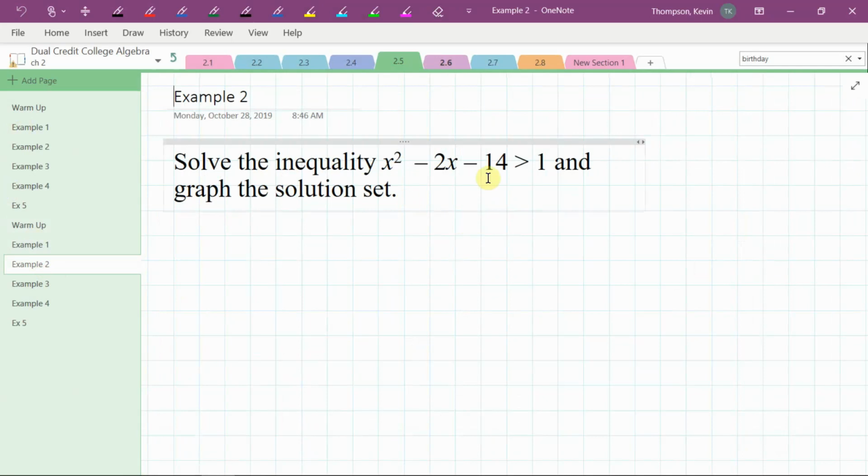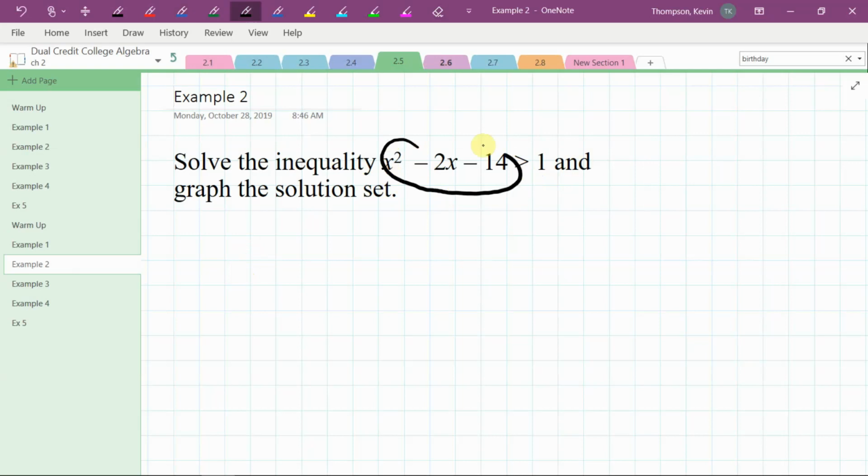Let's do another one. Solve the inequality here and graph the solution set. So again, I'm going to start with maybe even thinking about making an adjustment here first. Because looking at this, I could solve it the way it is, but it might be easier to make a comparison to 0.